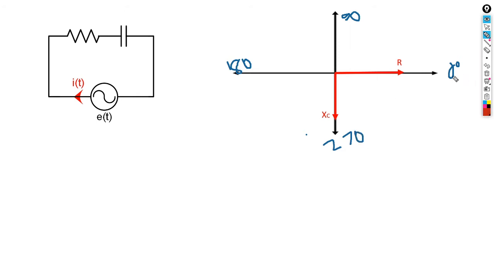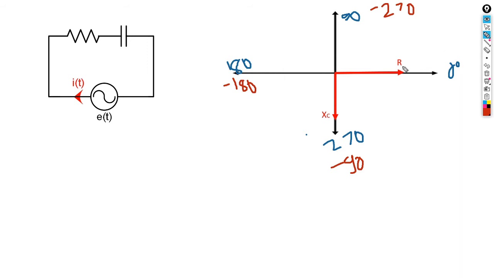Or you can say 0, minus 90, minus 180, and then minus 270, until you get back to 0. That's just what we are doing there.